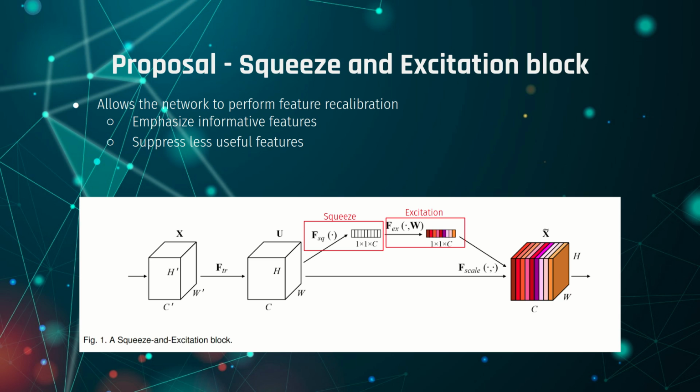And in the excitation, it adds two fully connected layers with a dimension reduction in between and then returns to the same dimension so you can add them together. And that costs a little bit of overhead in your computation, but in return you have better performance. And that is it for this paper. Thank you.